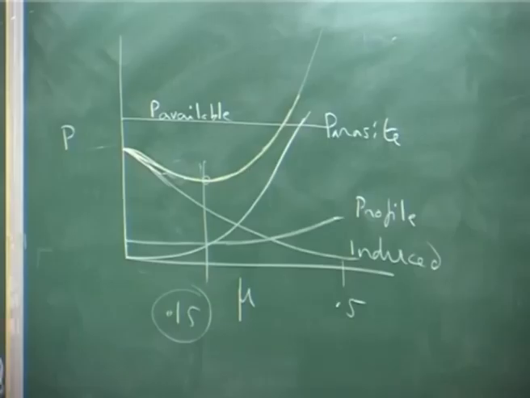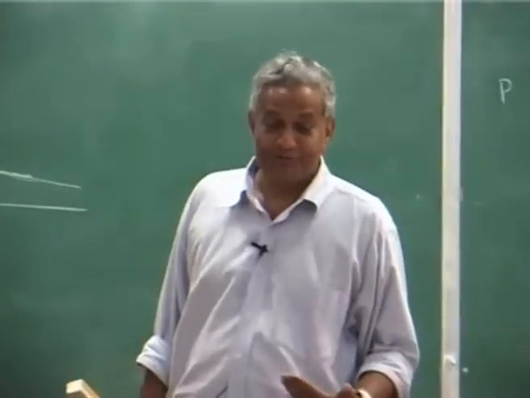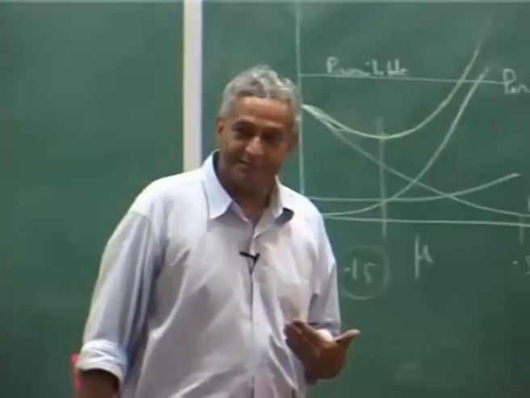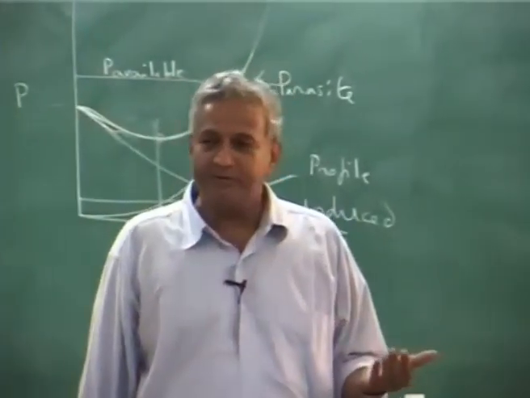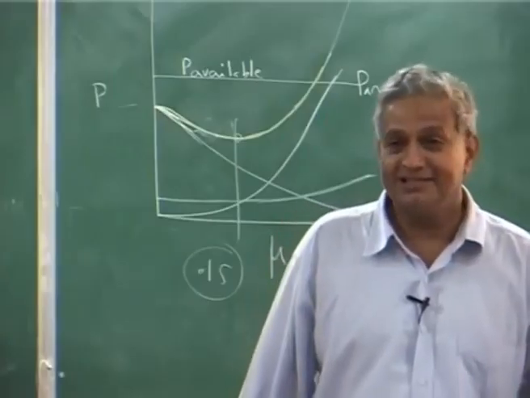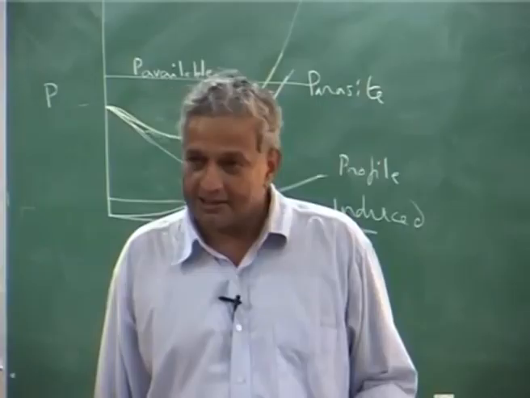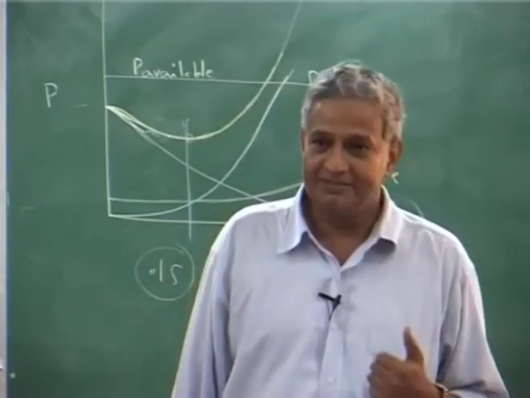Even though I may have enough power in my engine to take you to a higher forward speed, my vibration is so high, I cannot even go to that speed. So, the restriction comes not because of lack of power in the engine, the restriction comes from vibration in the helicopter. So, these are real design challenges.